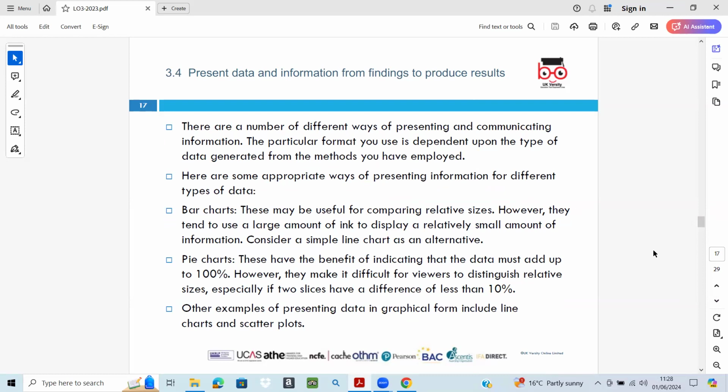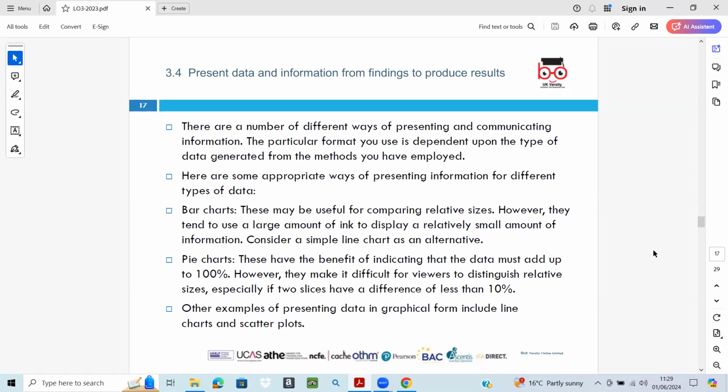Right. So in this slide, we have present data and information from findings to produce results. Presenting data and findings in a clear and visual manner is essential for effective communication and decision making.